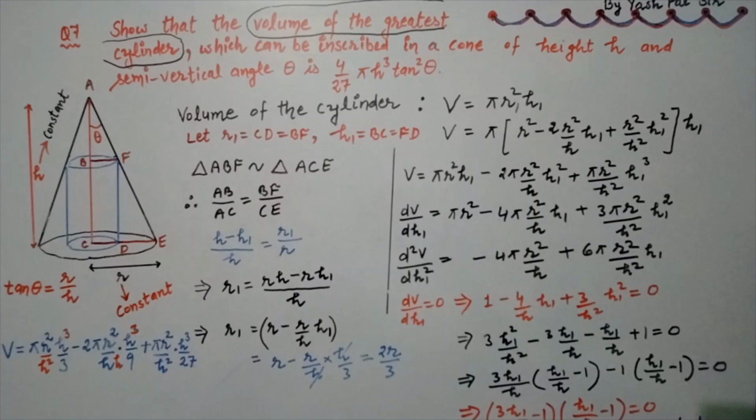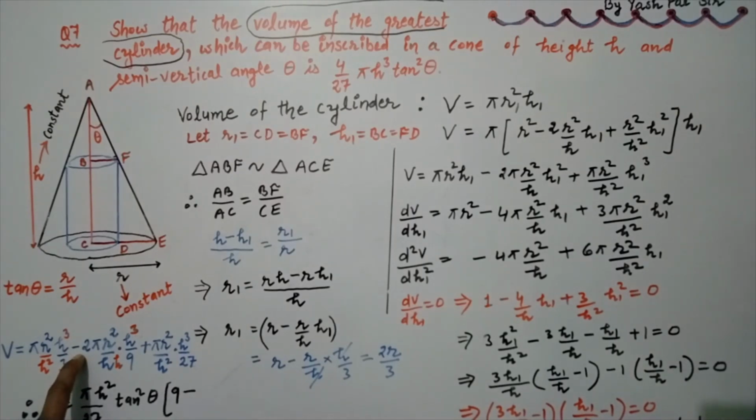H cube is common. Pi is common. 27 is the LCM. So volume V is equal to, we take 27 as LCM, pi H cube taken outside, R square upon H square meaning tangent square theta.